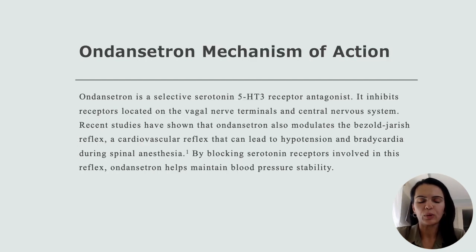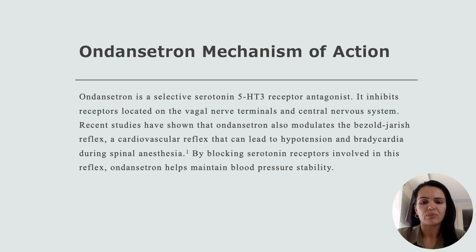Now let's explore how ondansetron works, particularly in the context of preventing hypotension during spinal anesthesia. Ondansetron is primarily known as a selective serotonin 5-HT3 receptor antagonist. What this means is that it specifically blocks certain serotonin receptors located on the vagal nerve terminals and within the central nervous system.